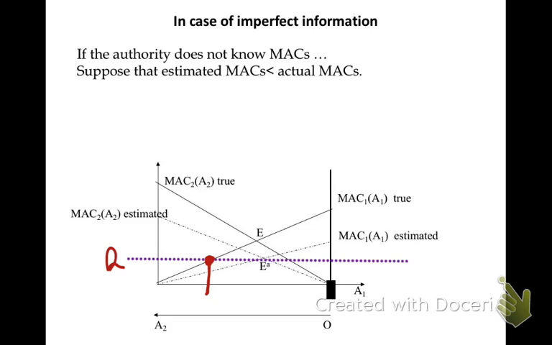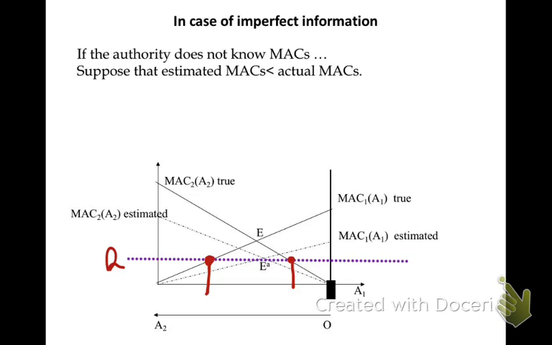And what will the abatement be of the second firm? We just need to check where the true marginal cost crosses the taxation level. Is it fine? So as we can see, we decide the taxation level equal to H. What is the response of the firms?